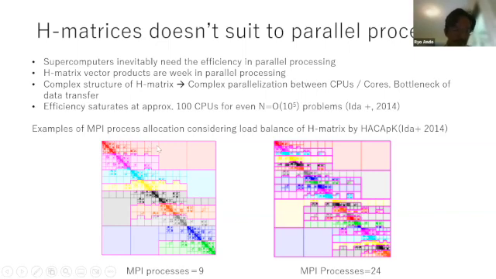In order to assure load balance, the original H-matrices have to parallelize each process in a complicated way. As you increase the number of MPI processes, the complication becomes worse.